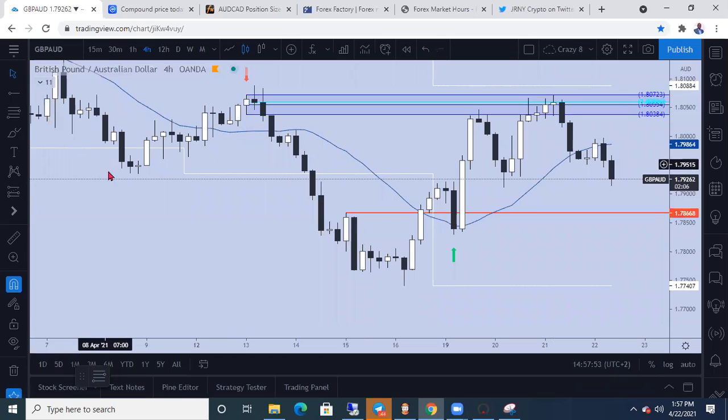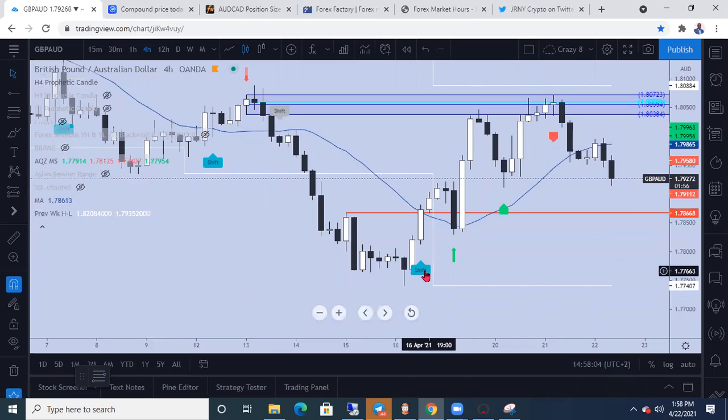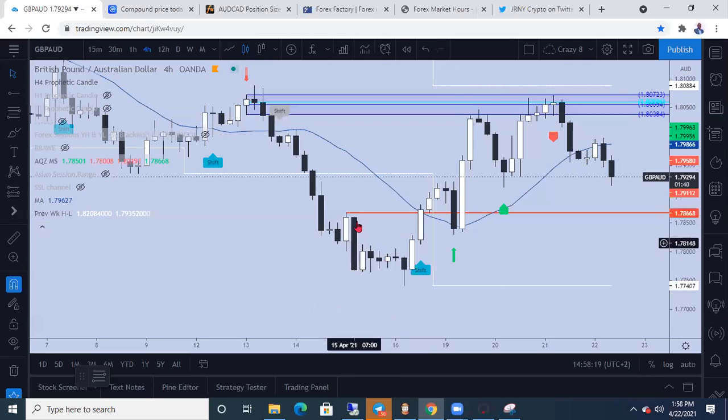Now we have an indicator on AQZ called the momentum shift, AQZ MS. So if I call up the AQZ MS right about now, you would find that the shift candle will be popping up on this candle, right? The candle that violated this last bullish candle gave us the shift, meaning there's a tendency that the momentum has shifted from bearish tendencies to bullish tendencies.